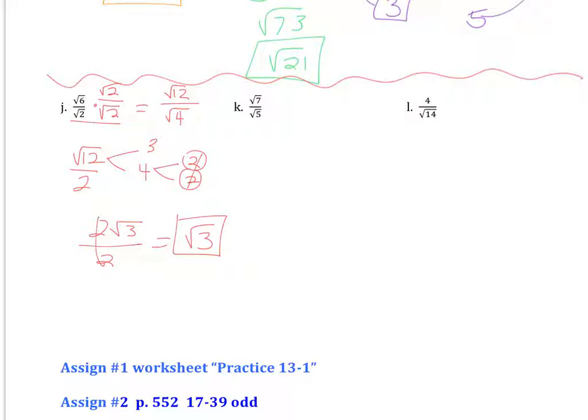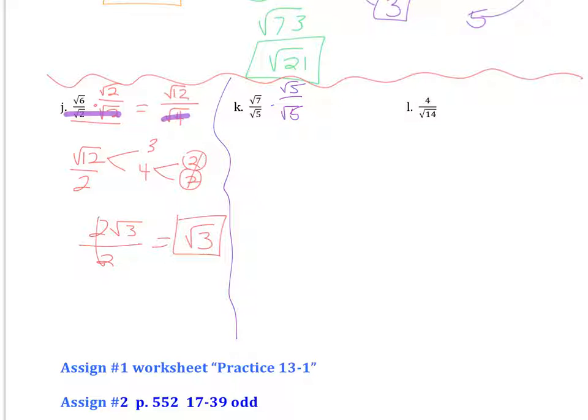So again, the big key here is that when we multiplied that square root of 2 times the square root of 2, we get a perfect square number, which we can take the square root of. So the square root of 4 is 2. So it's really whatever's underneath that radical is your denominator. So for the second one, we're going to multiply by the square root of 5 times the square root of 5.